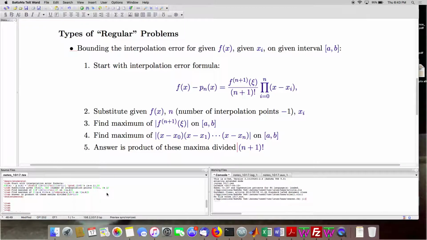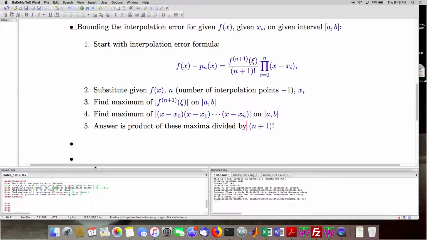Now, in both cases, steps 3 and 4, this is the usual procedure as taught in Calc 1, using critical points, etc.